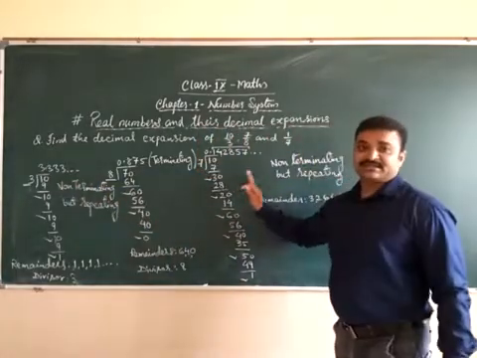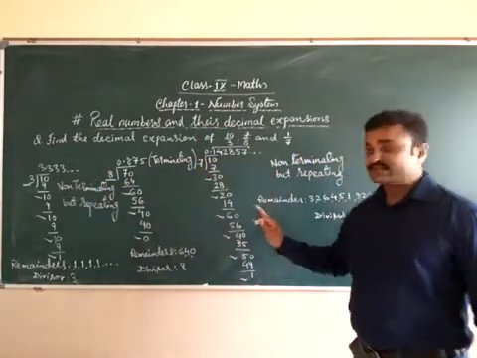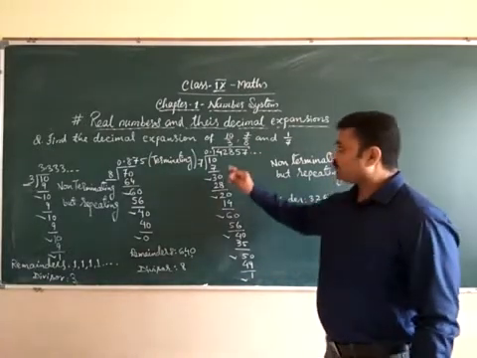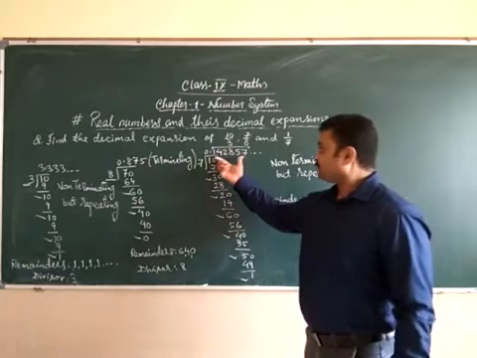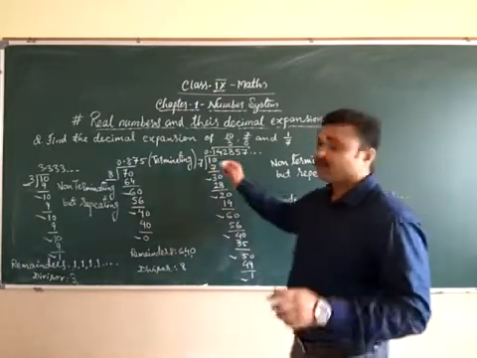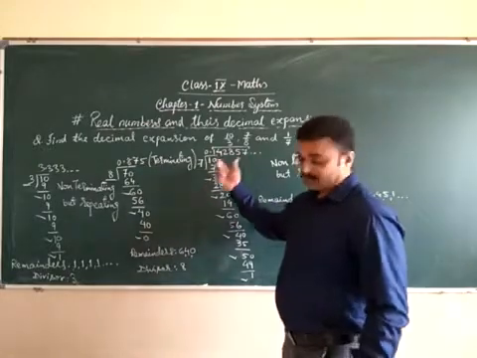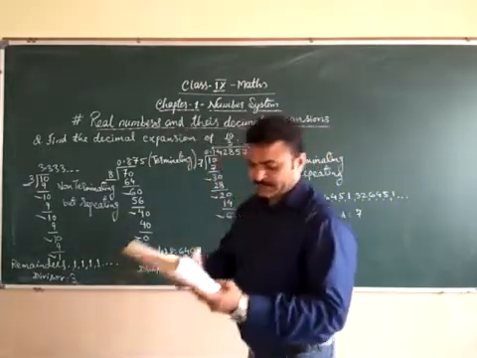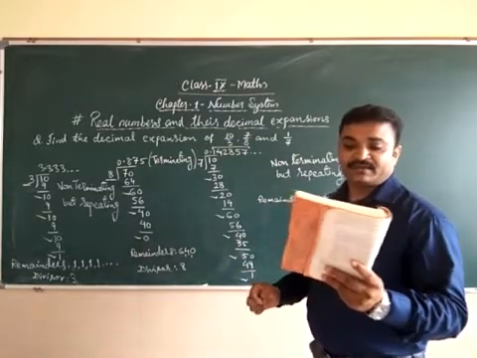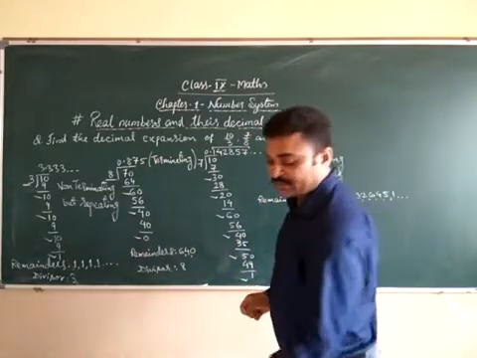But in this case we will see that the number of entries in the repeating string, the block of remainders, is less than the divisor.